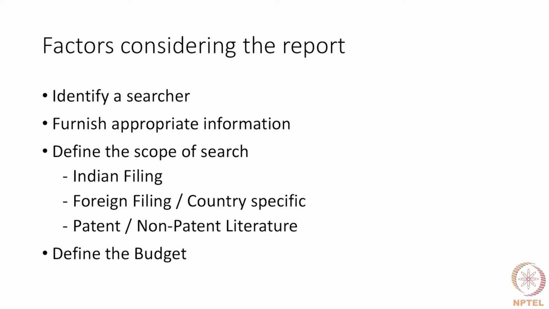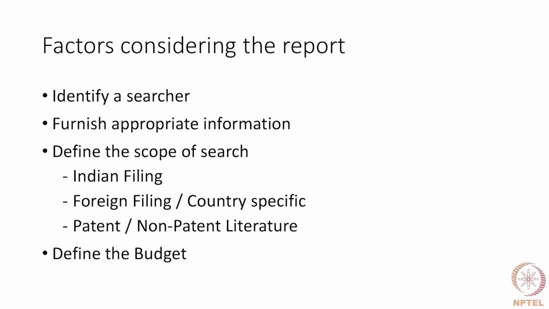Now, you would also say to the searcher whether the search should confine to only materials that are patents, that is the patent literature, or whether it could also go beyond the files of the patent office, which is what we call a non-patent literature search. There are different databases, both free and paid, which could be used for searching.